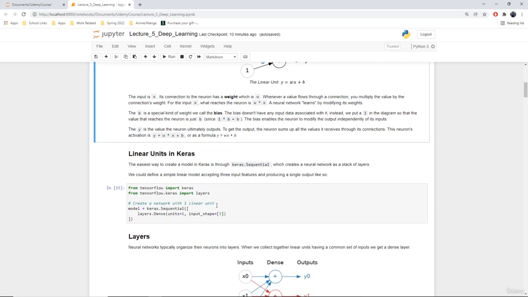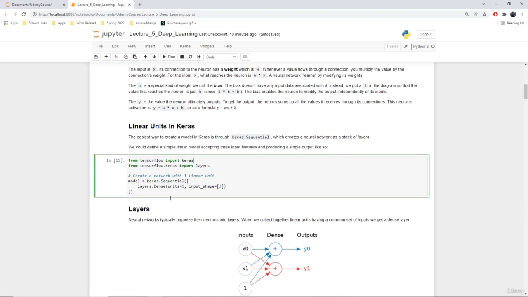So in code, we simply use Keras Sequential here, and what it does is essentially create a neural network, and it treats it as a stack of layers. So here we simply define our model with keras.Sequential, and we pass in this dense layer.